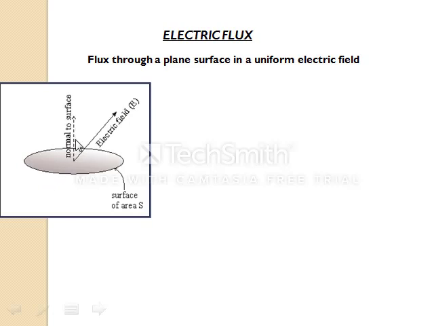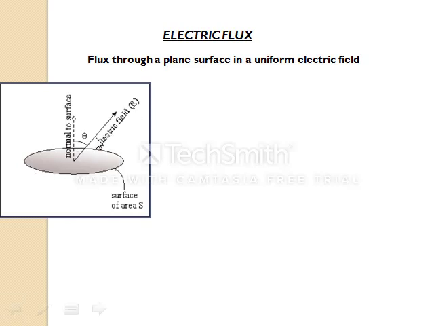This is the normal to the surface. Next, we mark the angle. This theta is the angle between the normal to the surface and the electric field at a point on the surface.